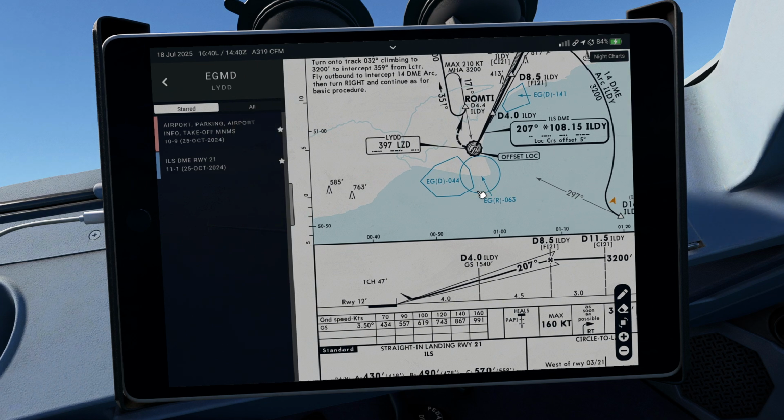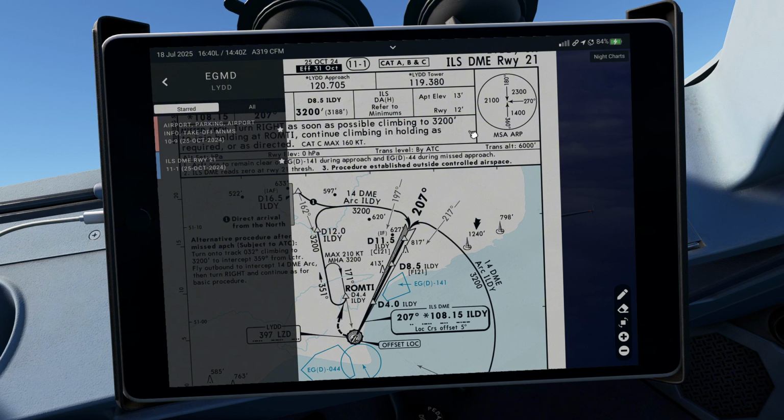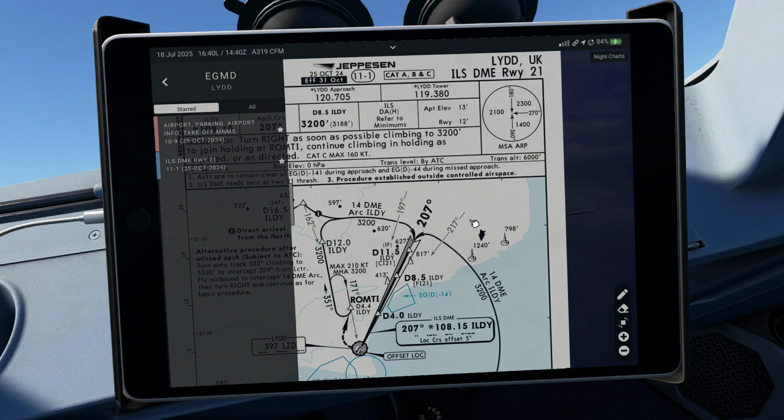But another restriction is that it's not a localizer approach. That's ILS DME for runway 21 today.